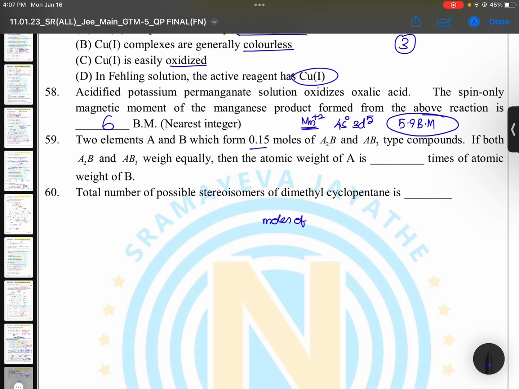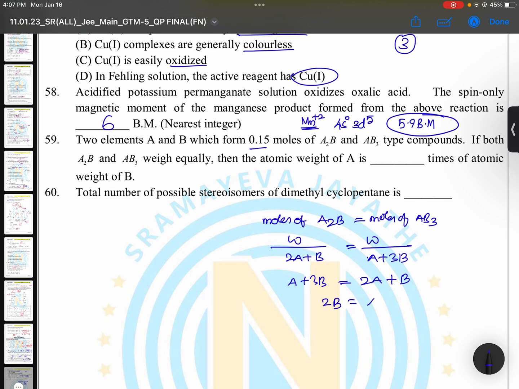Moles of A2B is equal to moles of AB3. That means weight by 2A plus B is equal to weight by A plus 3B. So A plus 3B is equal to 2A plus B. It means 2B is equal to A. So the atomic weight of A is 2 times that of B.